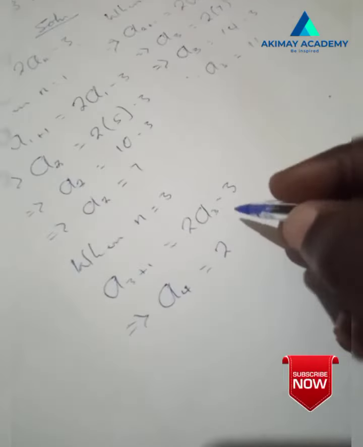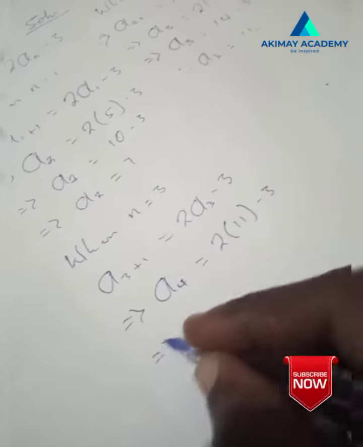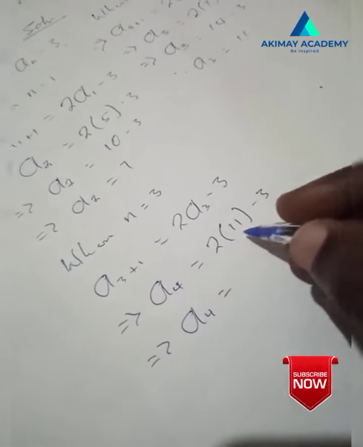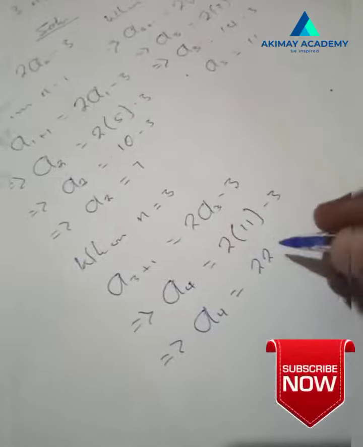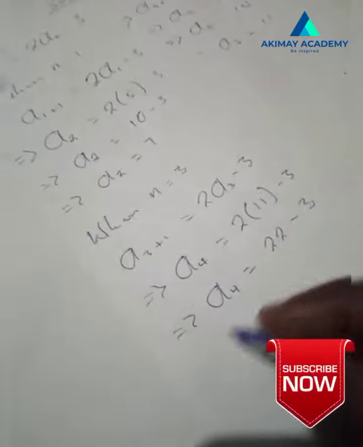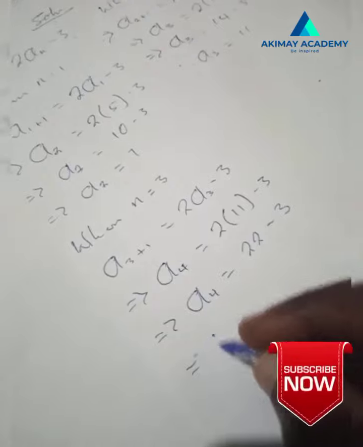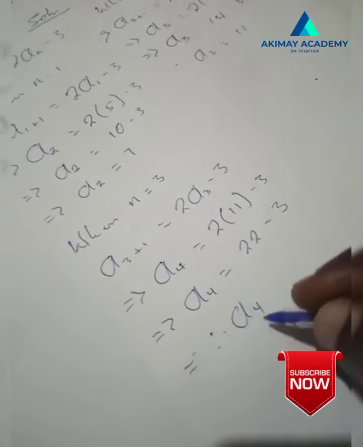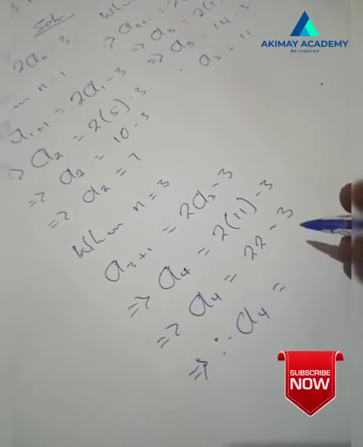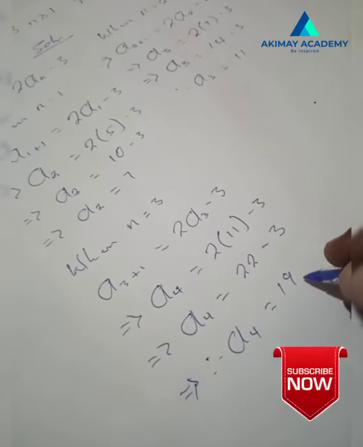So we put 11 there, and we have a subscript 4 equals 2 times 11, which gives us 22, minus 3. Therefore a subscript 4 equals, doing the subtraction, 19. We have 19 here.